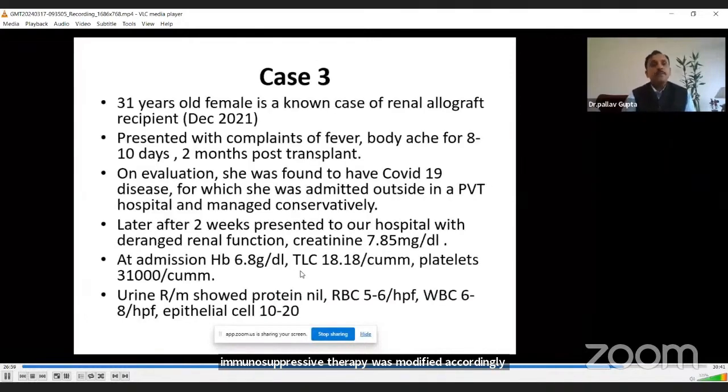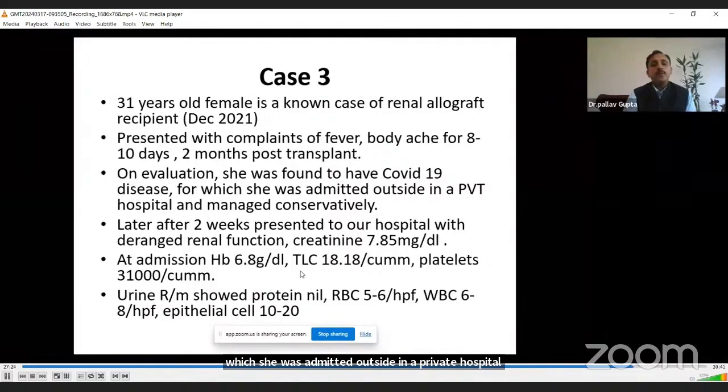Now case number 3 is a 31-year-old female, known case of renal allograft recipient in December 21, who presented with complaints of fever and body ache for 8 to 10 days, 2 months after the transplant. On evaluation, she was found to have COVID-19 disease, for which she was admitted outside in a private hospital and managed conservatively.